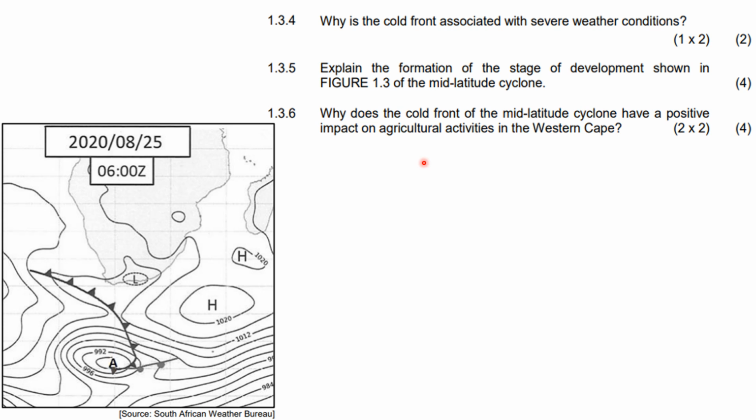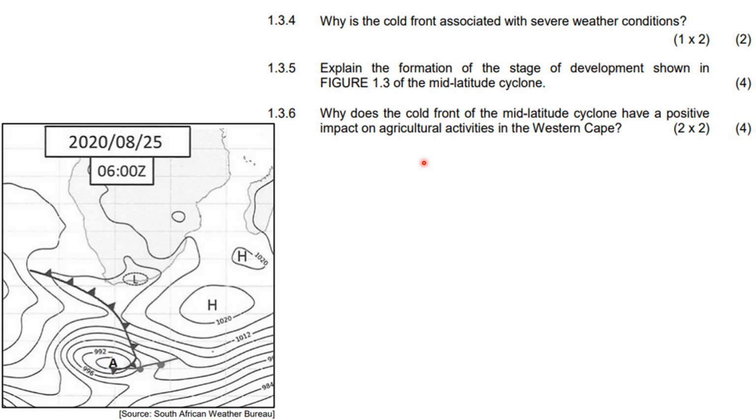Certain crops thrive under cold conditions, and when the mid-latitude cyclone passes over a particular place and brings the colder temperatures, those temperatures are often good for certain kinds of crops. You could even look at the fact that because agricultural activities are good, there's a good supply of jobs for people.